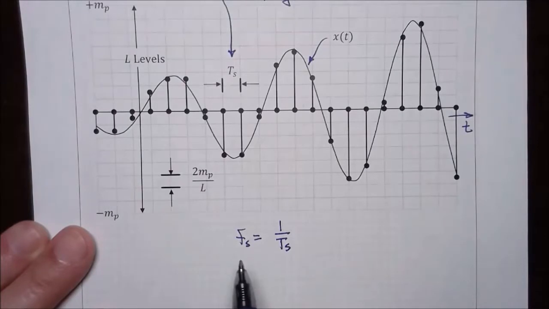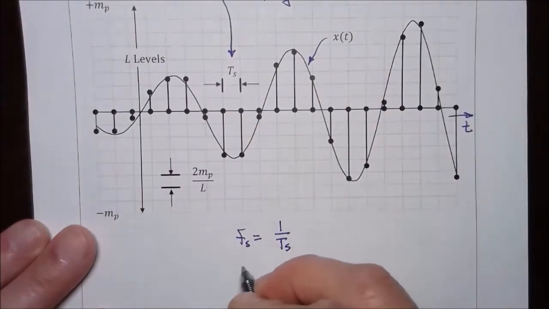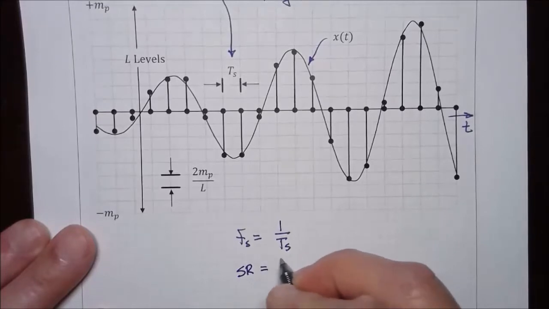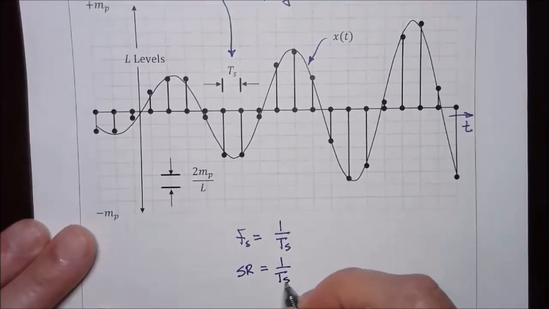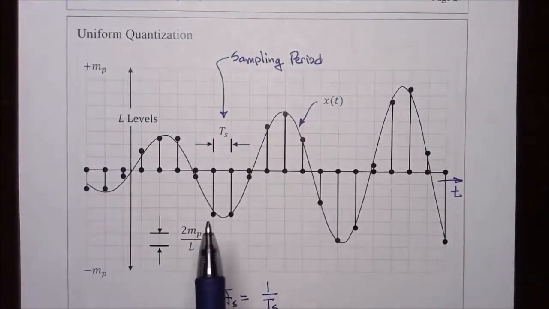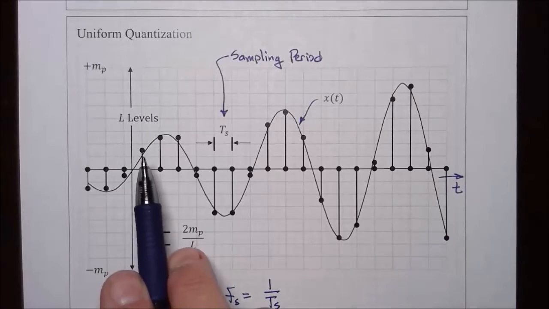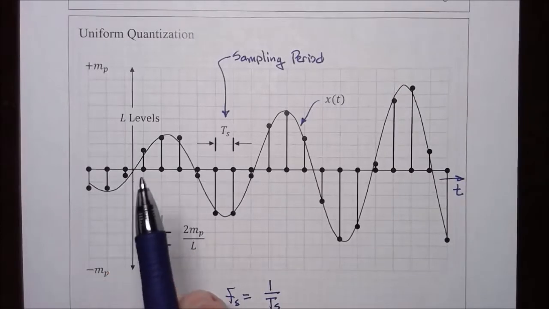So the sampling frequency is 1 over T sub s, which is the same thing as saying the sampling rate is equal to 1 over T sub s. At each sampling point, the value of the message signal is rounded off to its nearest standard value.